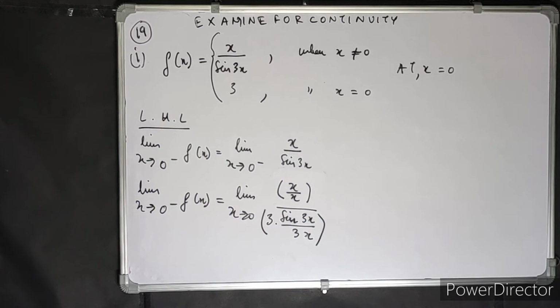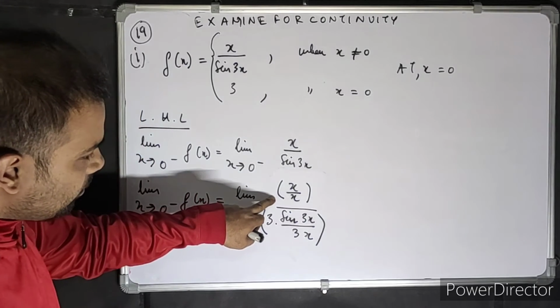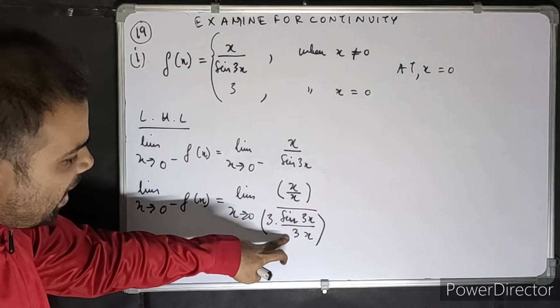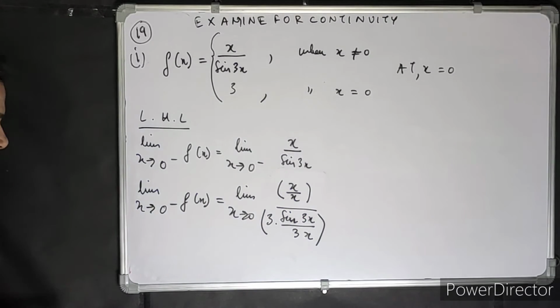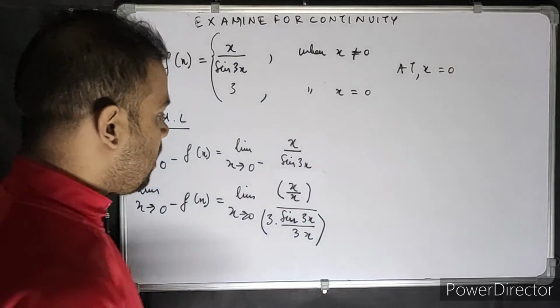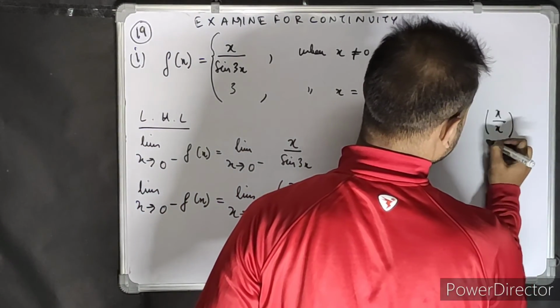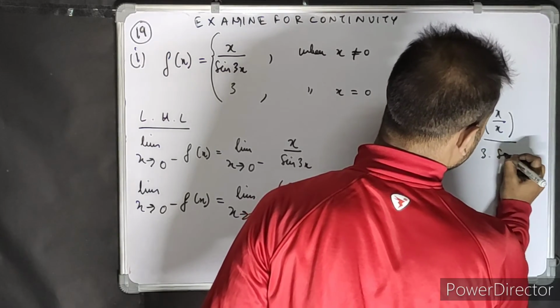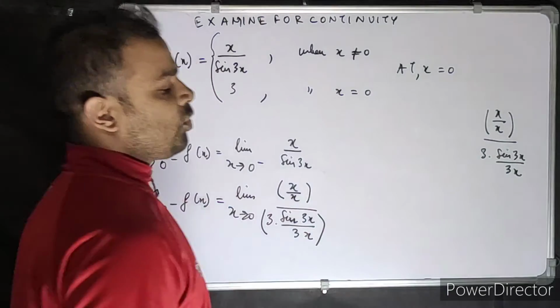Look very carefully what I did. Now when you do this in the rough, go to your rough and write it again. x by x, divide by 3 dot sine 3x divided by 3x.